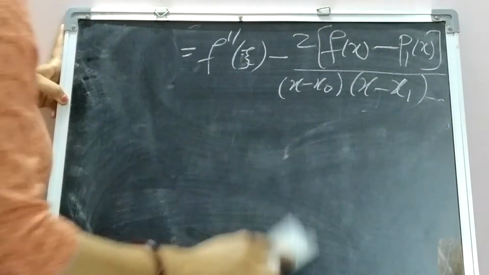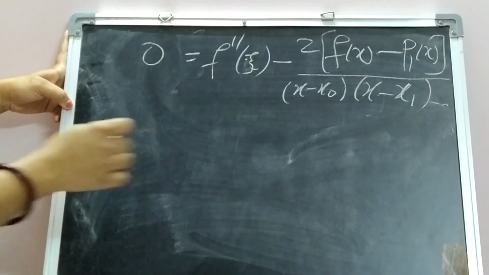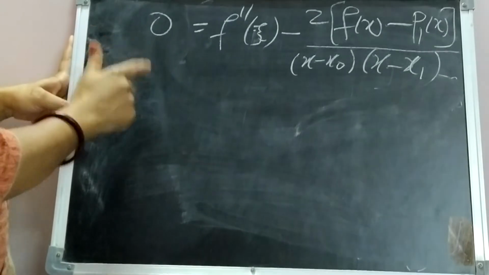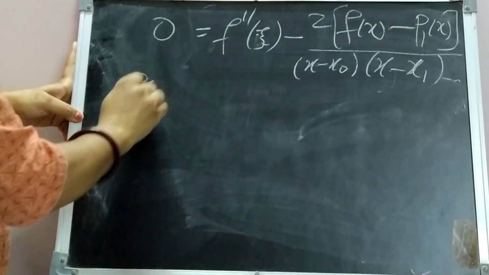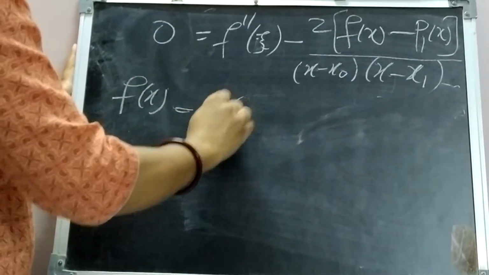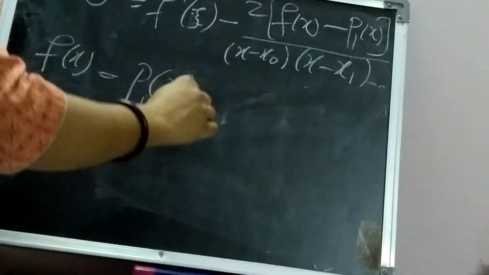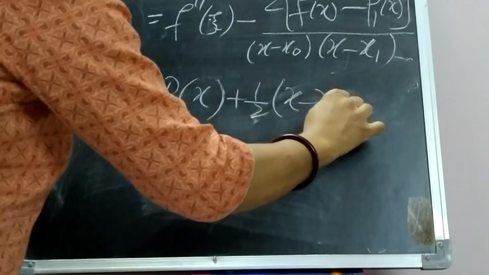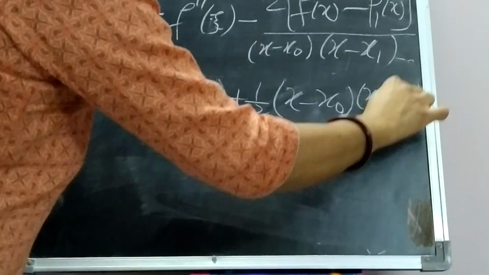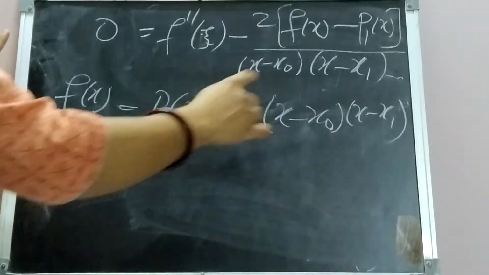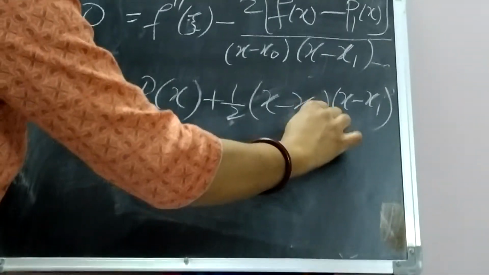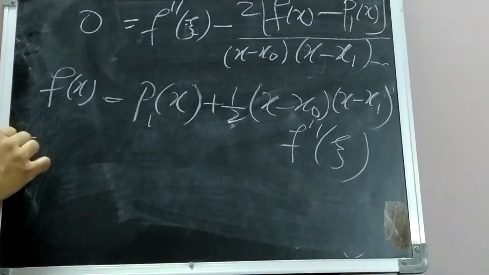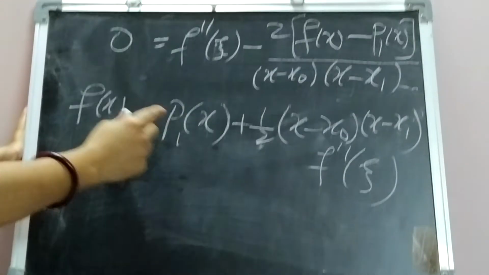Solving this, we get this equal to 0, and from here our aim is to find the value of f(x). Simplifying this, we get the value of f(x) as p1(x) plus 1/2 (x minus x0)(x minus x1) together with f''(xi). From here we can take p1(x) to the left hand side.